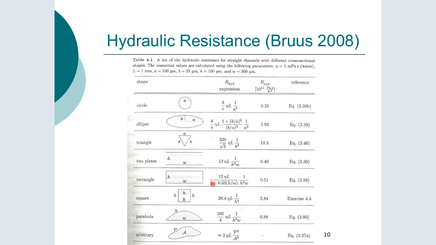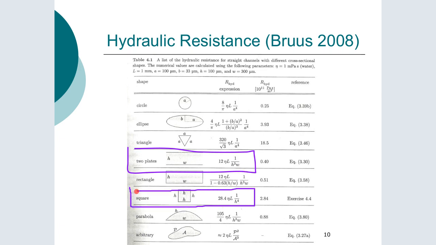So if we look at, for example, the parallel plate one here, we can see that this is the equivalent expression for the hydrodynamic resistance. And we have the rectangular square one here, and then we have the rectangular one. And you can see, based on the expressions that we derived earlier, also for this one here, you can derive what the hydraulic resistance is.